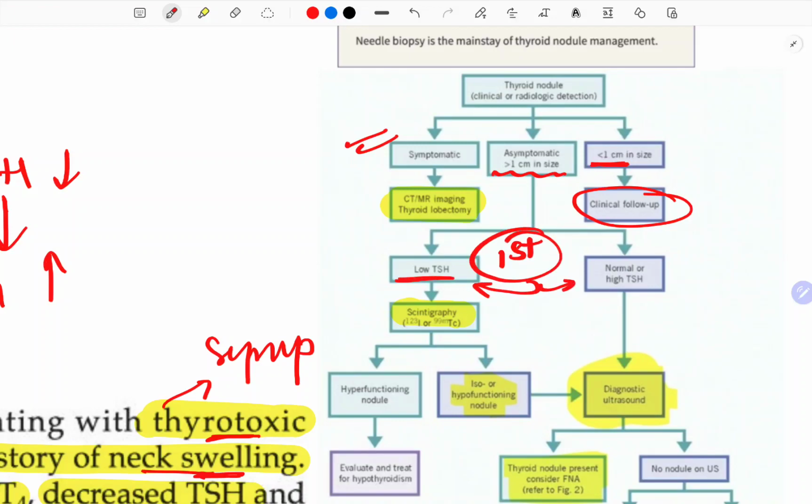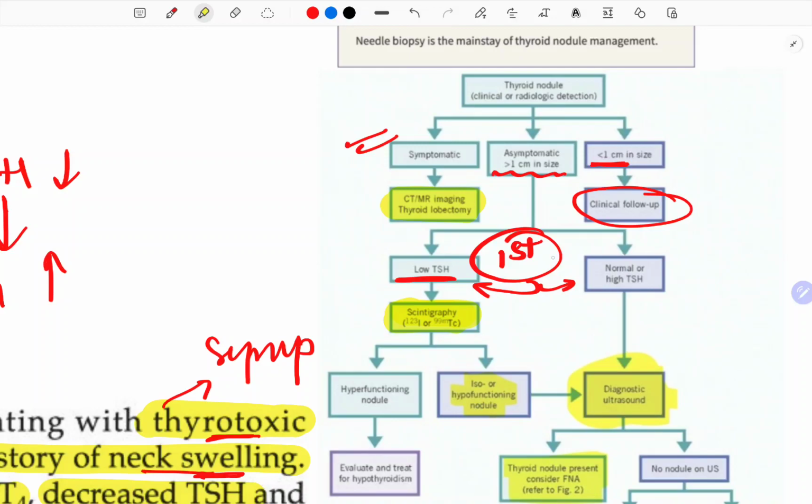Now if the TSH is low, then you will go for scintigraphy to look for the functionality of the nodule. Then if the nodule is hyperfunctioning, we'll evaluate and treat for hyperthyroidism. But if it is iso or hypofunctioning, we'll look at the other point.